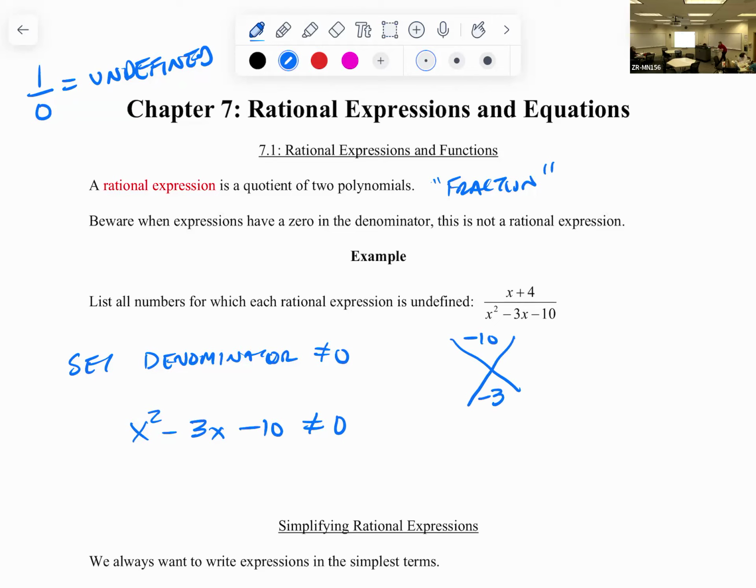What multiplies to -10 and sums to -3, Brittany? -5 and +2? And that is absolutely correct.